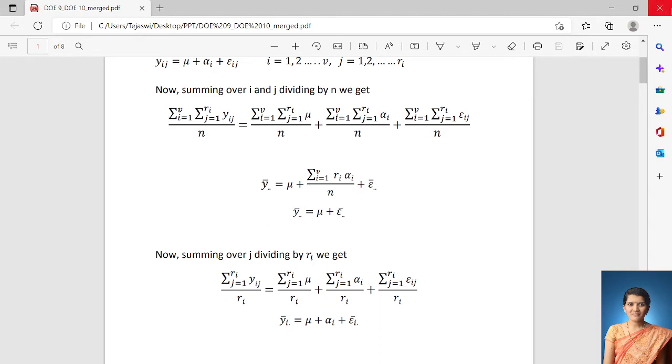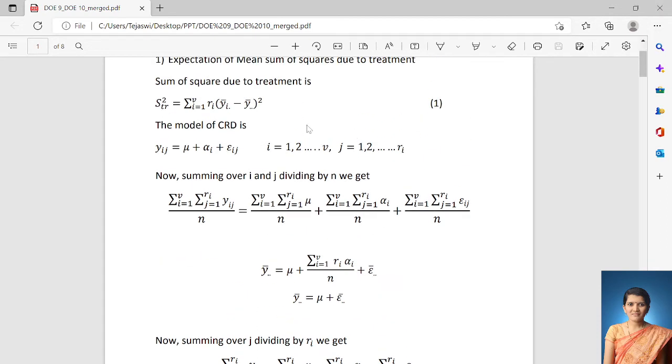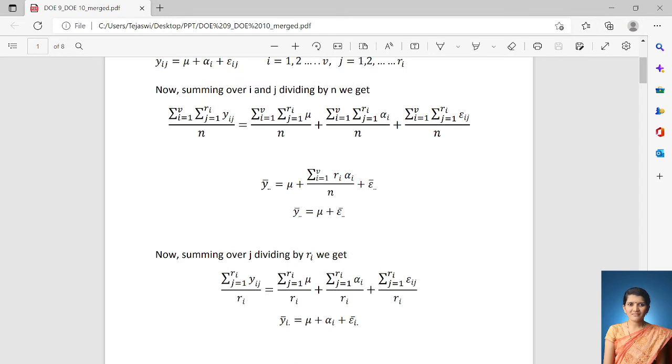So for the second term, y_i dot bar, we sum the mathematical model over j and divide by r_i. So we get summation over j of y_ij divided by r_i is y_i dot bar.